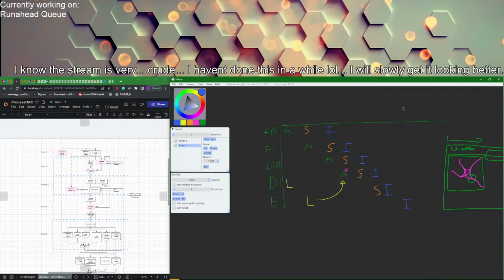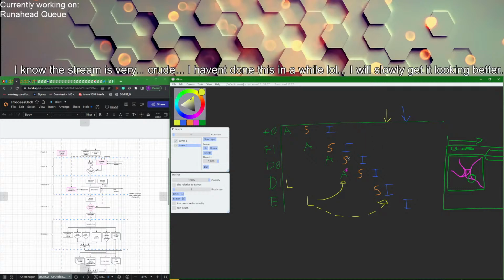In this clock cycle, this comes back, and then this comes back too. Or actually no, this load comes back in this cycle here. So the load gets ready on this cycle.